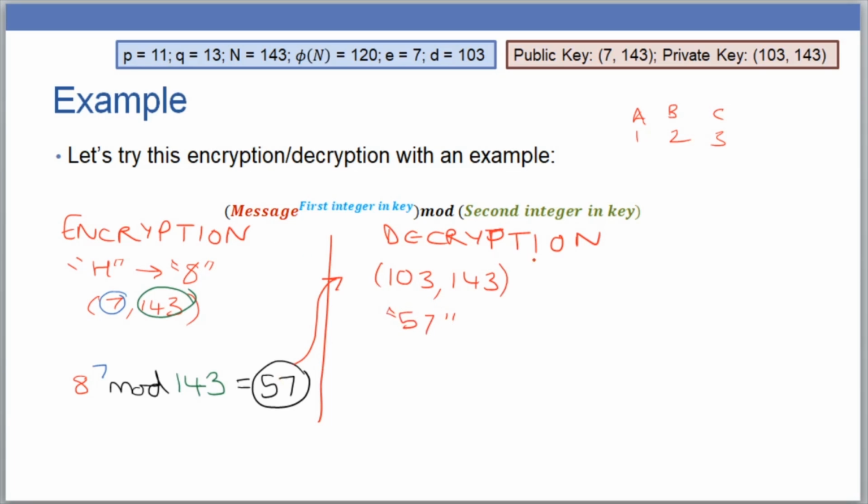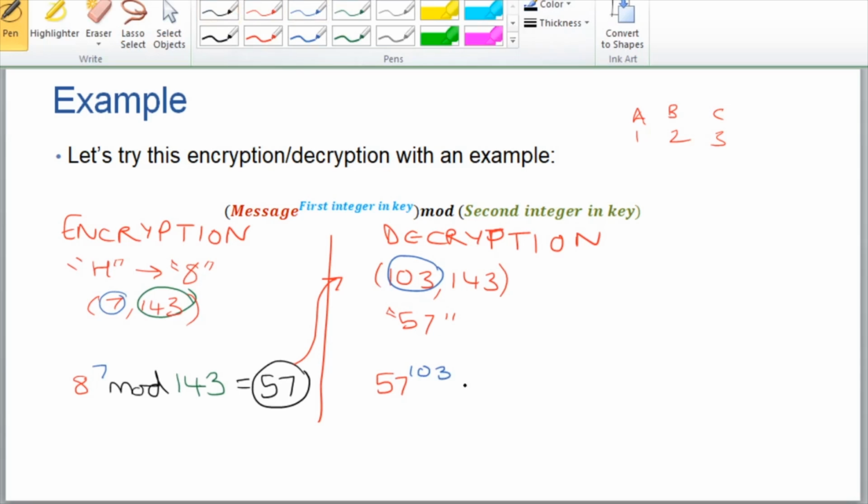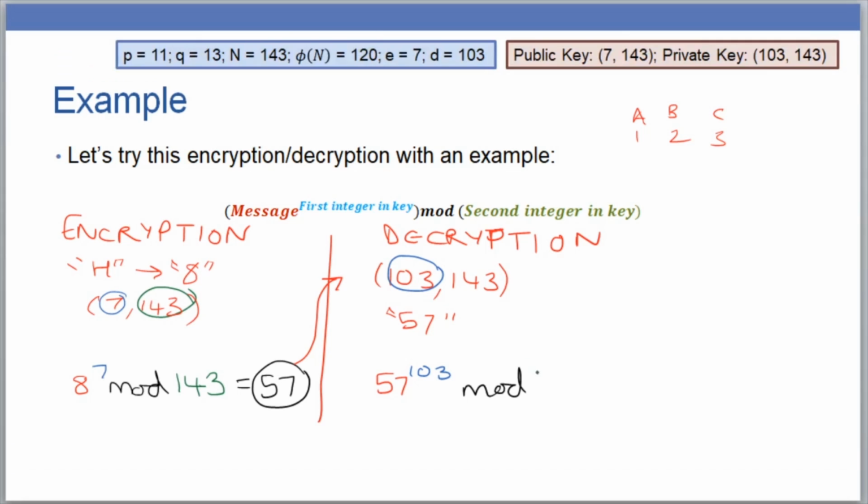So they would use the same formula, and they would do 57 to the power of the first integer in the key, 103, and then mod 143, so the second integer in the key.